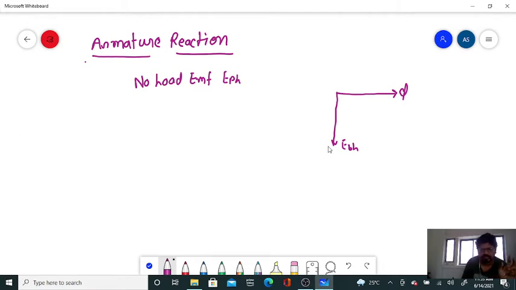These two, the armature flux and main field flux, will interact with each other, and the effect will be the armature reaction. In synchronous generator the armature reaction depends on the power factor of the load.